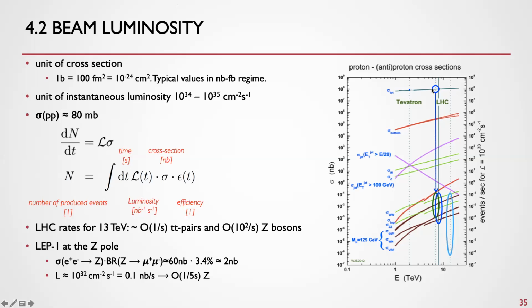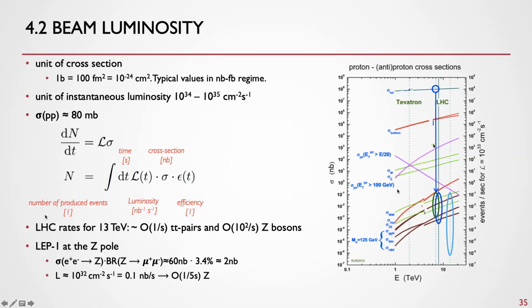Typical cross sections of interesting processes are in the nanobarn and the femtobarn regime down here, which is just to say these numbers are much smaller. In other words, we typically have 1 billion or so uninteresting collisions before something happens that we really want to record and to study.